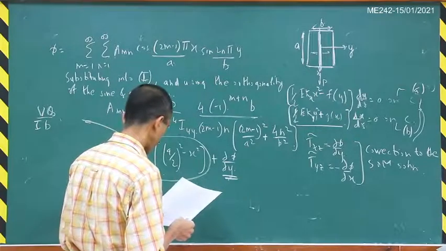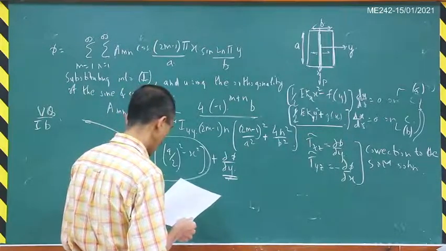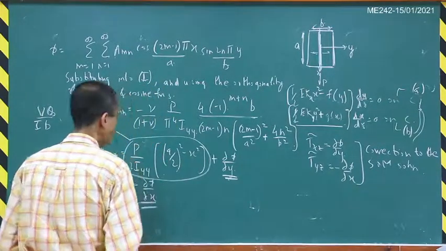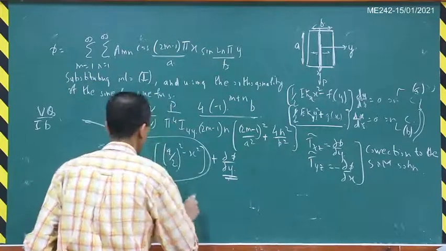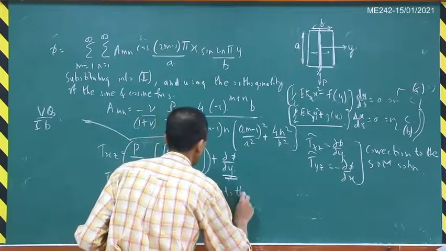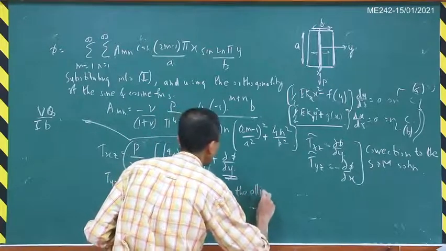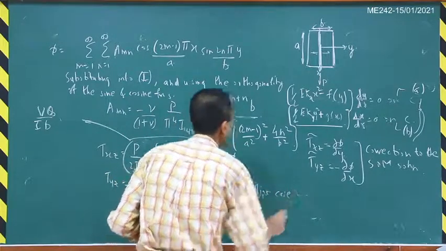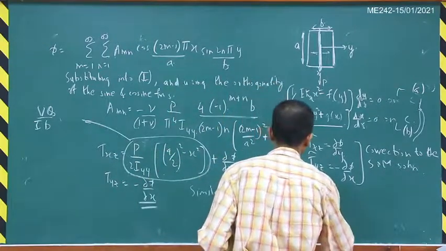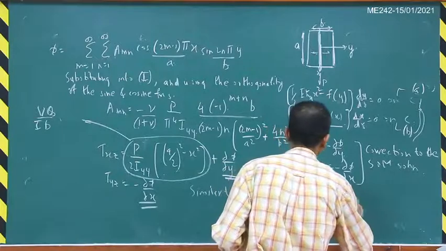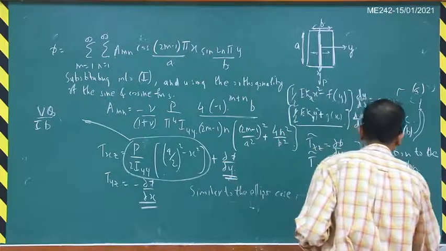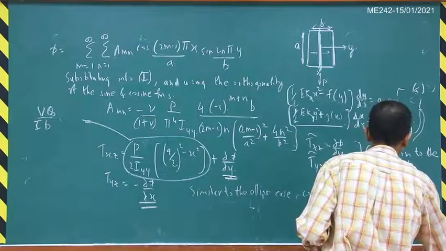So similar to the ellipse case, you will see that these corrections are large when B is much greater than A.